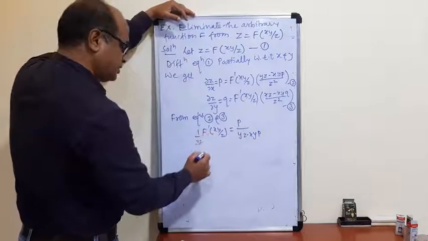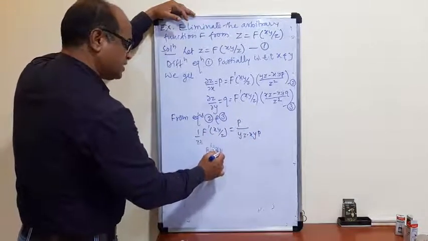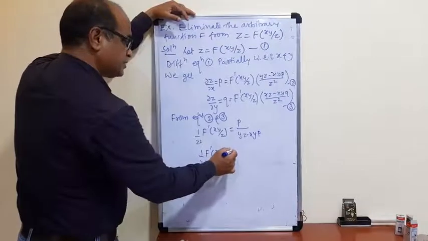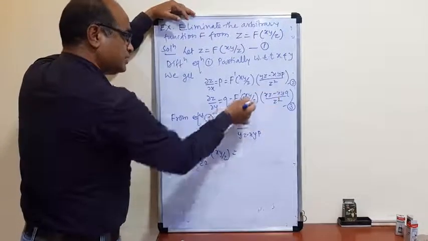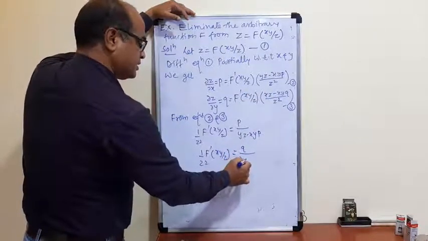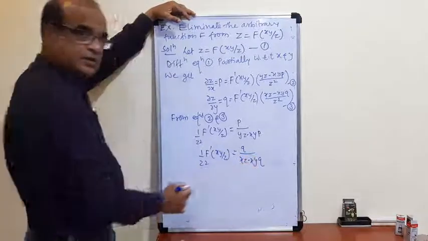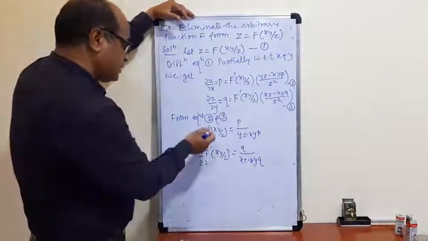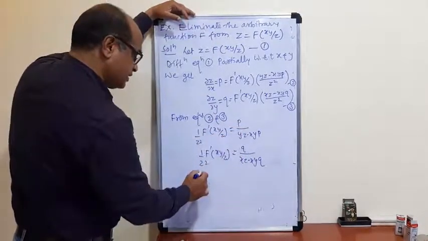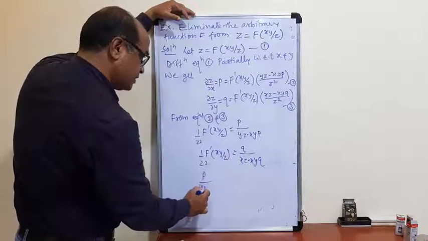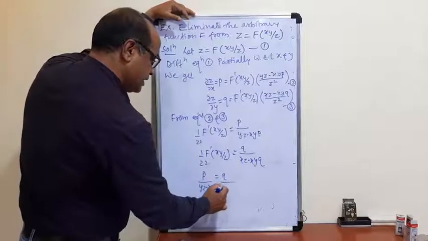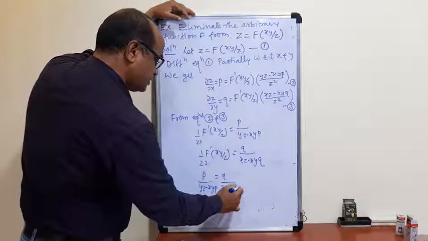Similarly, f dash of xy upon z, 1 upon z square here, so this is q upon this, that is q upon xz minus xy q. Okay. Therefore, left hand side is same. Therefore, right hand side, so this equal to this. So that is p upon yz minus xy p is equal to q upon xz minus xy q.